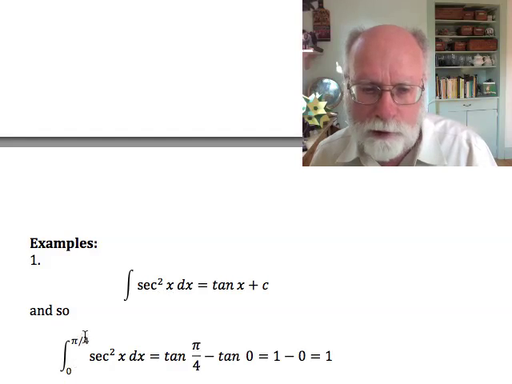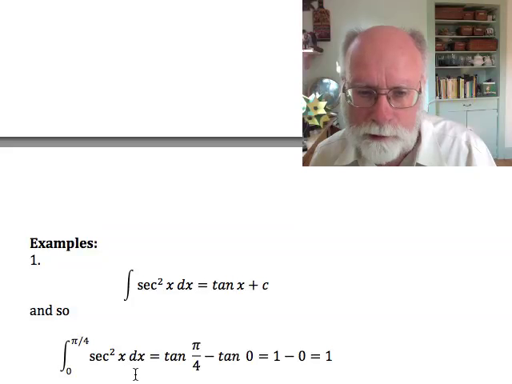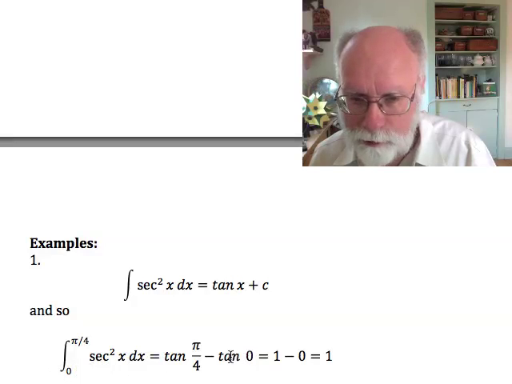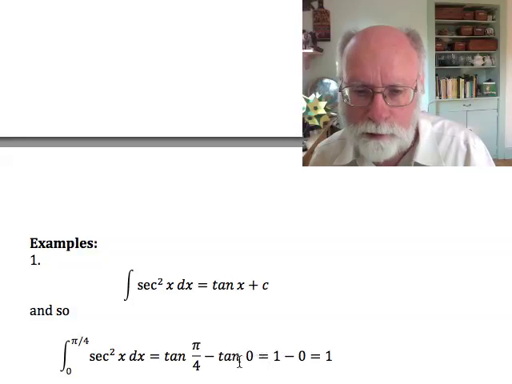Then to evaluate the integral from 0 to pi over 4 of secant squared x dx, we just use this antiderivative, evaluate it at pi over 4, and subtract the value of tan at 0. So the tangent of pi over 4 is 1, and the tangent of 0 is 0, so that integral evaluates to 1.